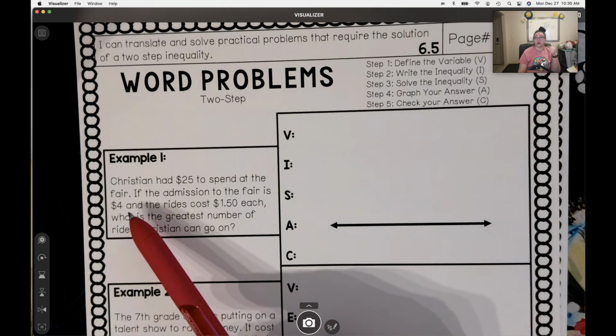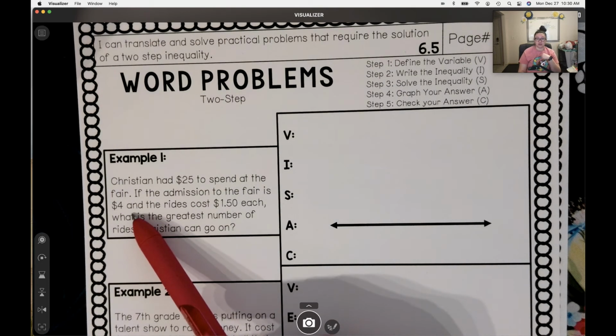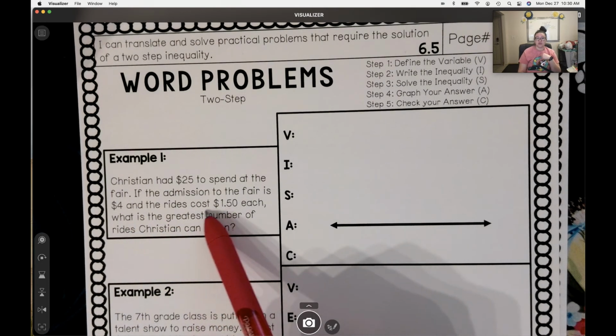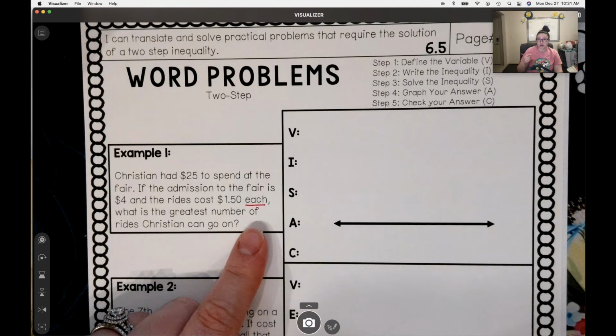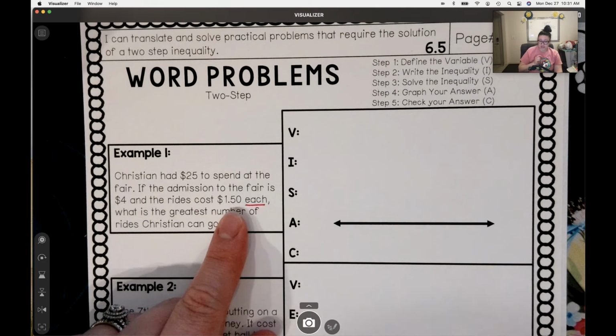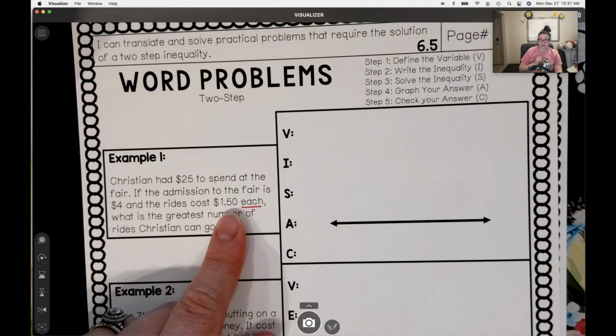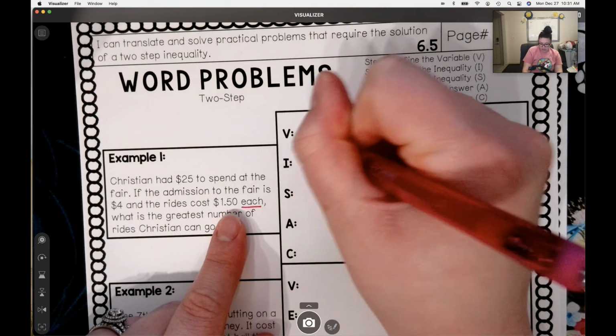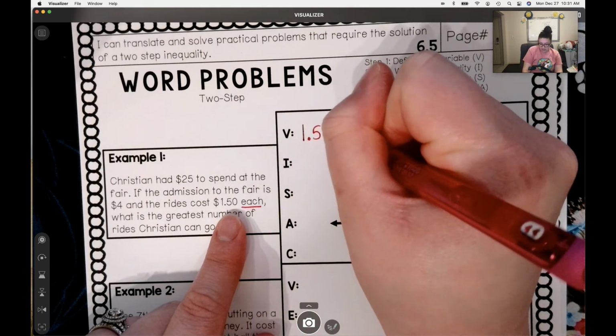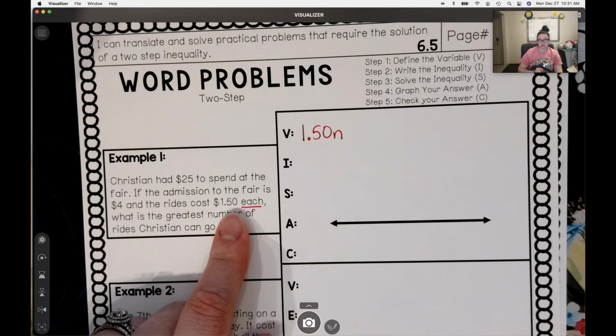You don't pay over and over again for admission. The rides cost $1.50 each. Each is a key word that it's going to be happening over and over again. So that tells me that my variable is going to go with this $1.50. So to define our variable, we're going to have $1.50 times n for the number of rides.